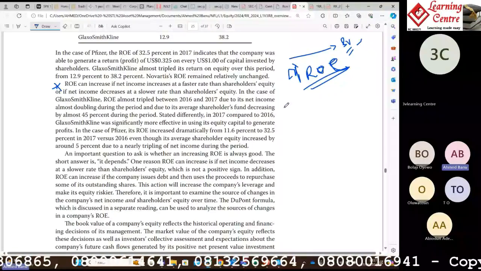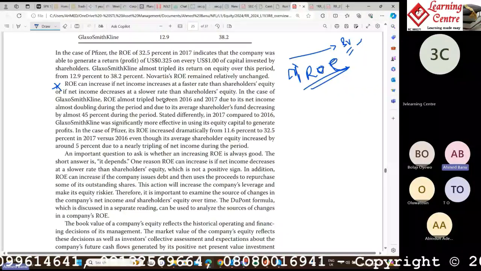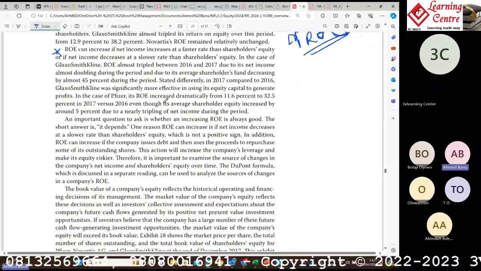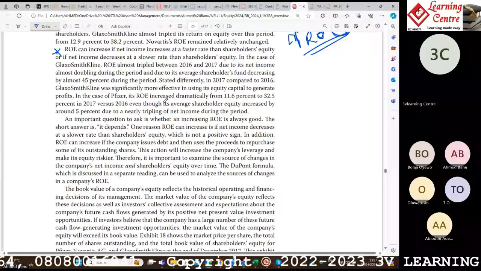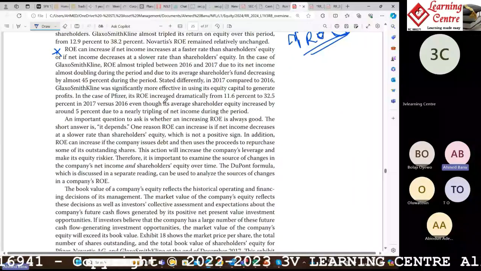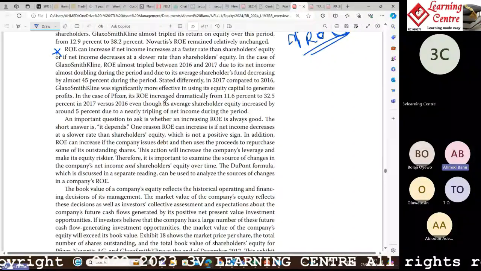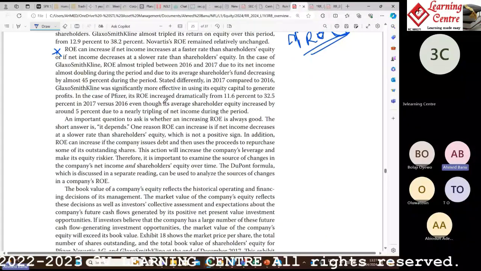An important question to ask is whether an increasing ROE is always good. The answer to that is it depends. One reason ROE can increase is if net income decreases at a slower rate than shareholders' equity, which is not a positive sign. So you need to understand what is driving that increase.